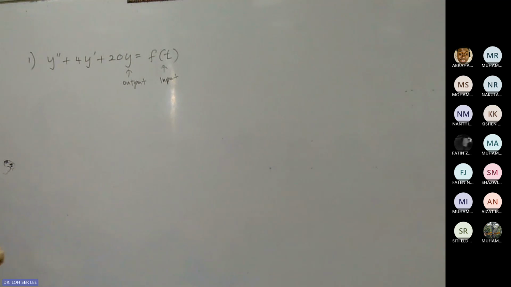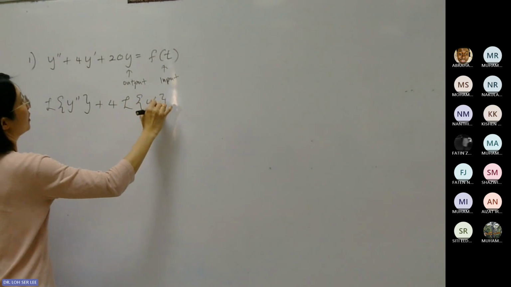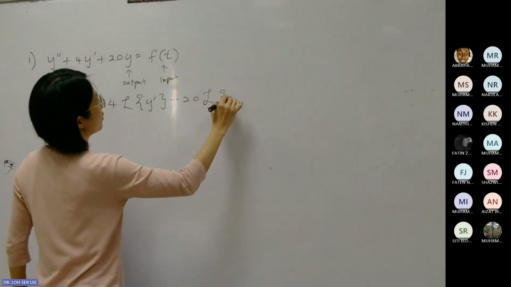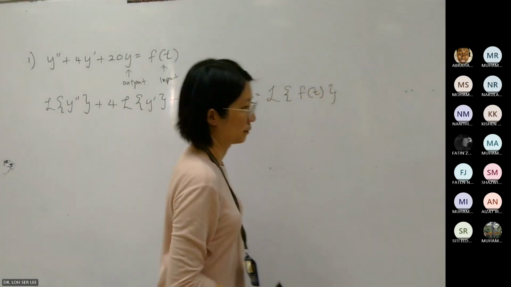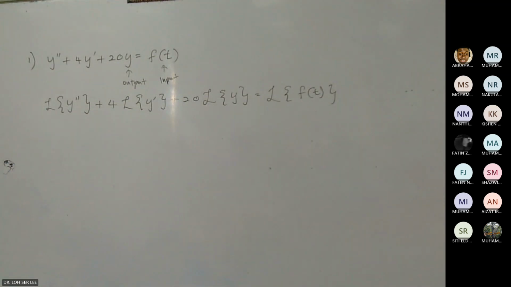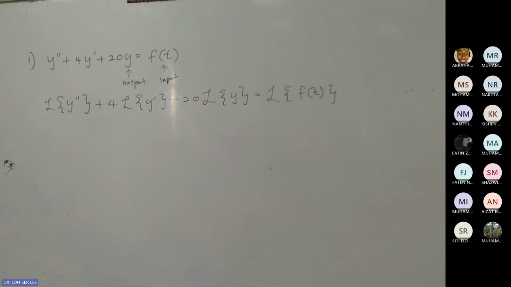Laplace transform all the terms, so you have this one plus 4y prime plus 20y.